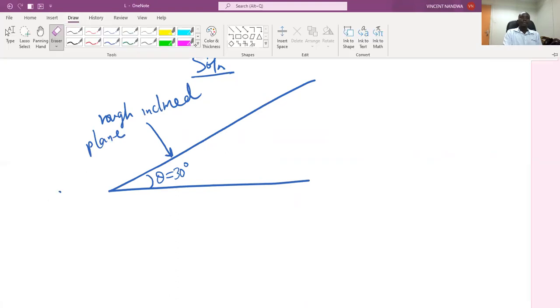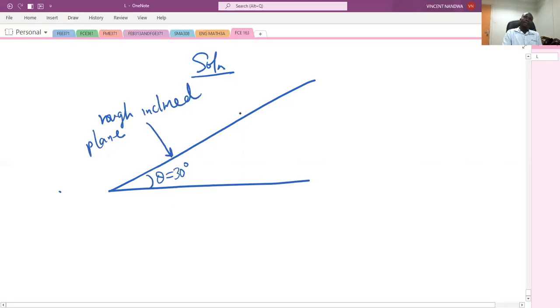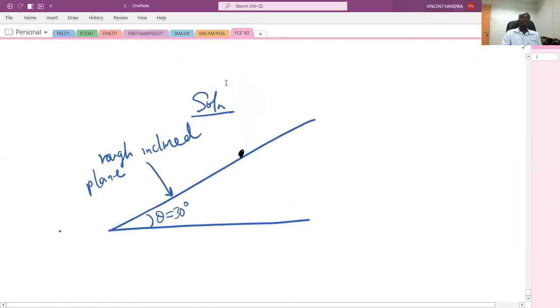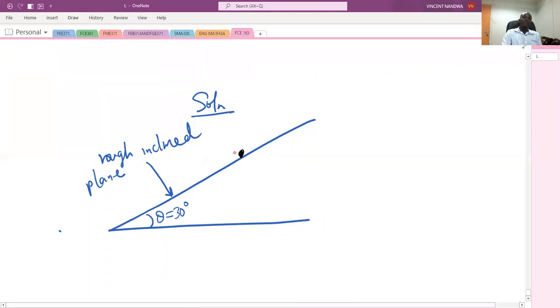So next, let this be the point where we have the particle. So this is a particle, then we draw the normal reaction, which is perpendicular to the surface.